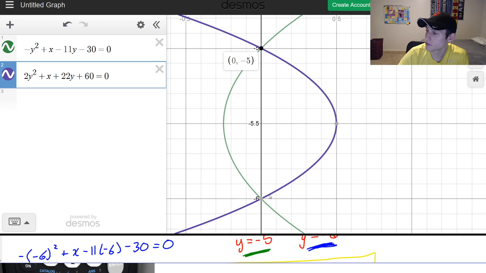0, negative 5, 0, negative 6. All right, so no surprises there, because that's exactly the 2 points that we found when we solved it algebraically.